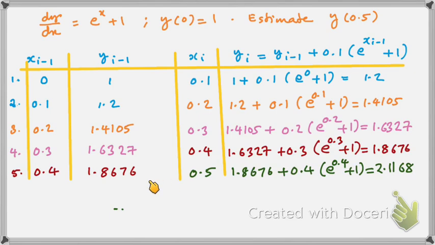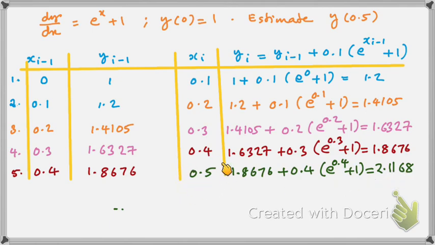0.4 will become 0.5, and use 0.4 as xi minus 1 and 1.8676 as yi minus 1 to get my new yi. Yi will be yi minus 1, which is 1.8676, plus 0.1 into e raised to xi minus 1, which is e raised to 0.4 plus 1, which is what I have written, and that's the answer.